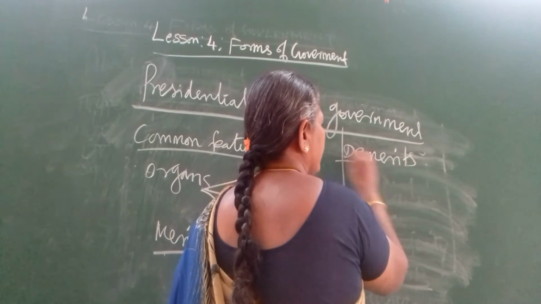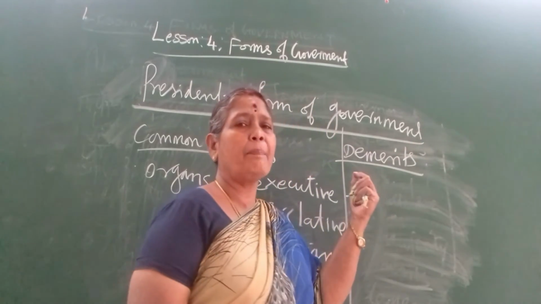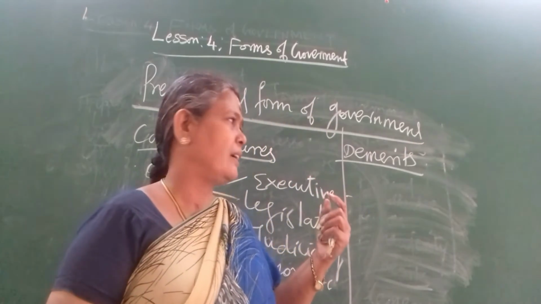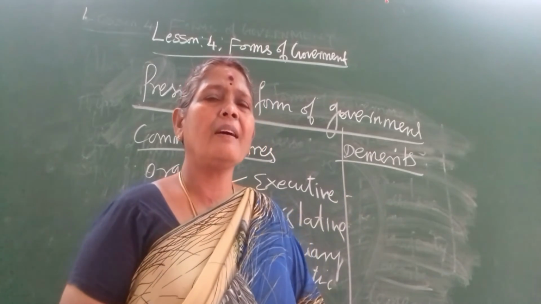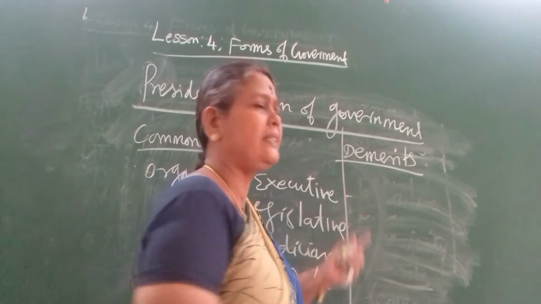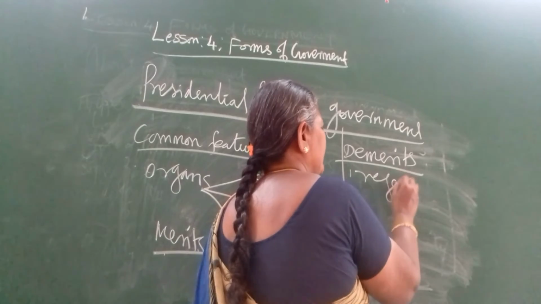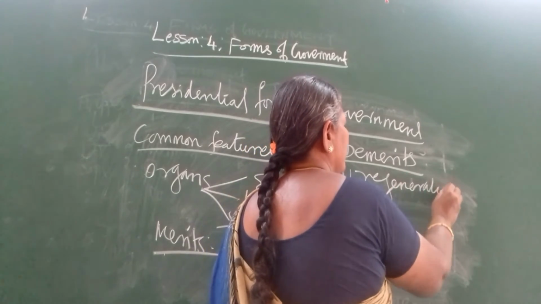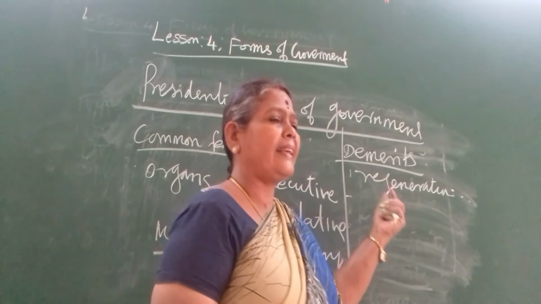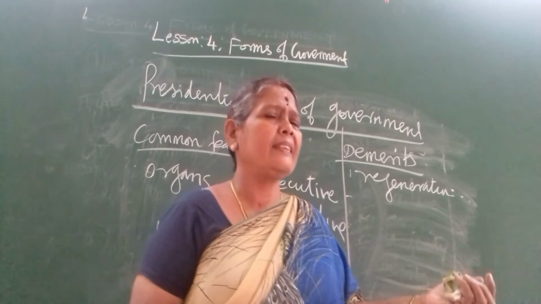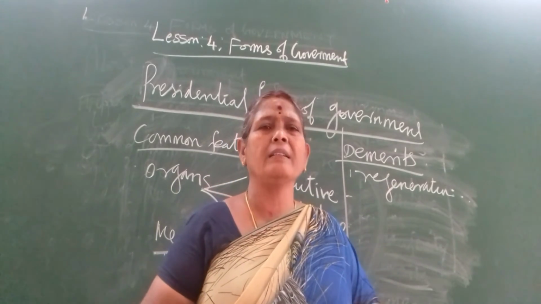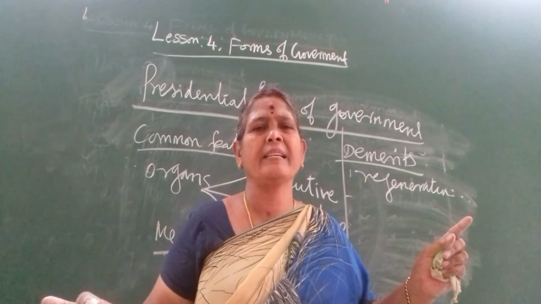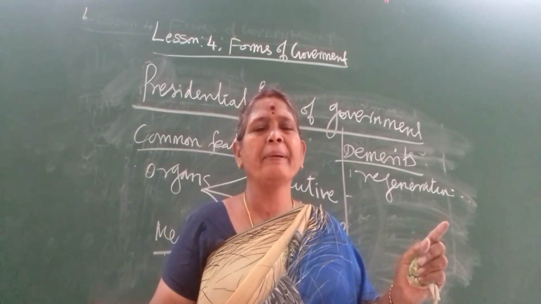What do demerits mean? As the president possesses the power, sometimes it leads to degeneration into dictatorship. Then the second thing: there is a strained relationship between executive and judiciary, because power is separated entirely and they act independently.